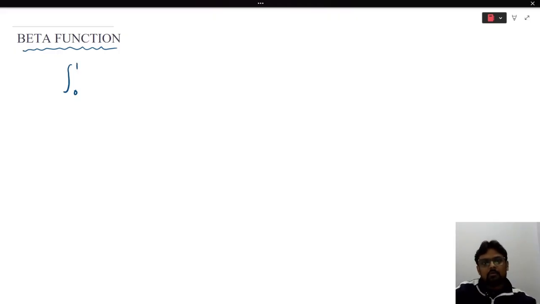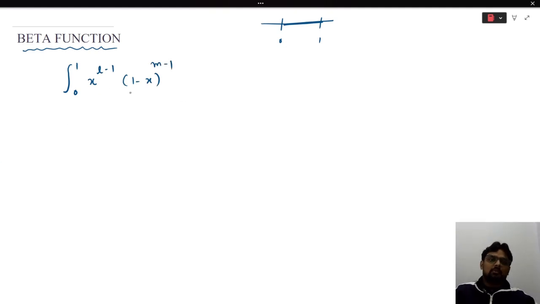We have to remember, we have to take this integration in this interval only, 0 to 1. So this is x to the power l minus 1 and 1 minus x to the power m minus 1.